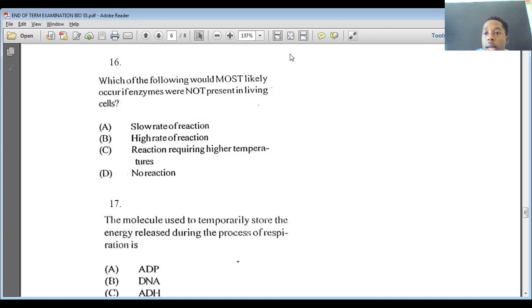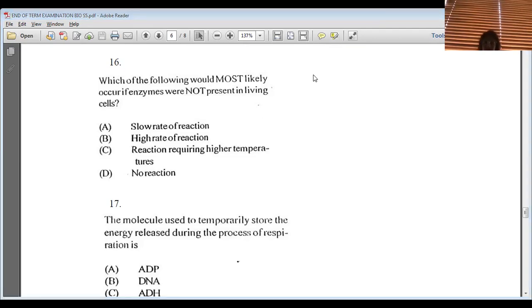By lowering the activation energy. Patrick, you are late. Have you got that? Yes, sir. Okay, read what you have. Enzymes are catalysts that speed up the rate of a reaction by lowering the activation energy. Okay, good.